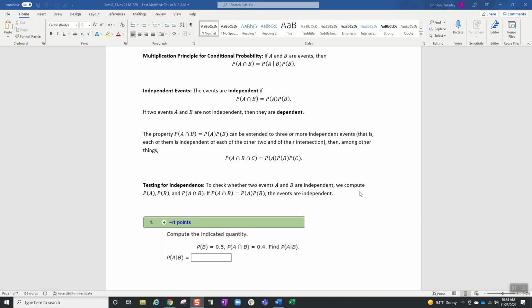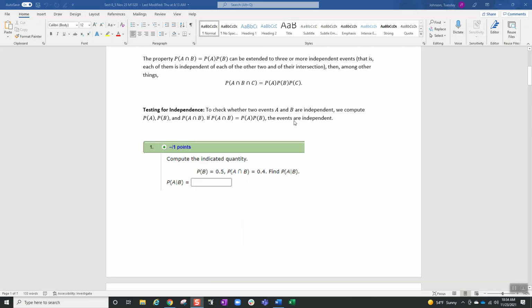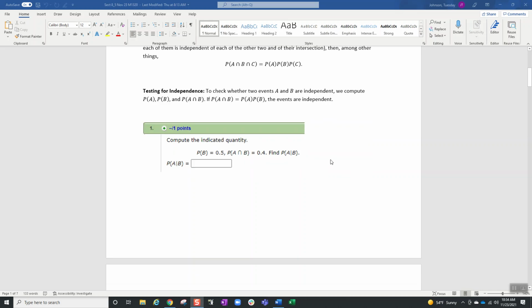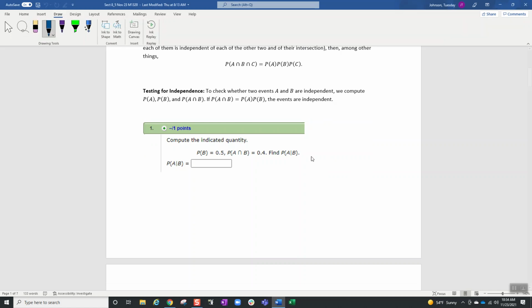So if we want to know if two events A and B are independent, we find all these values and make sure that this equation matches up. All right, so let's compute the indicated quantity, and each time we do it, I am going to include the formula. Probability of A given B is the probability of the intersection divided by the probability of B. The given is always your denominator.